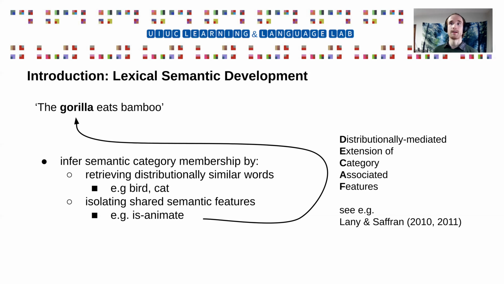Some fantastic studies were done by Lany and Saffran and others around 2008, 2010, 2011, where they combined artificial grammar learning in children, and on top of that show that the knowledge that children have learned during exposure to distributional cues in the artificial language, as well as phonological cues, help children perform word referent mappings, and more importantly, help children infer category membership of novel words they have never heard before, right?